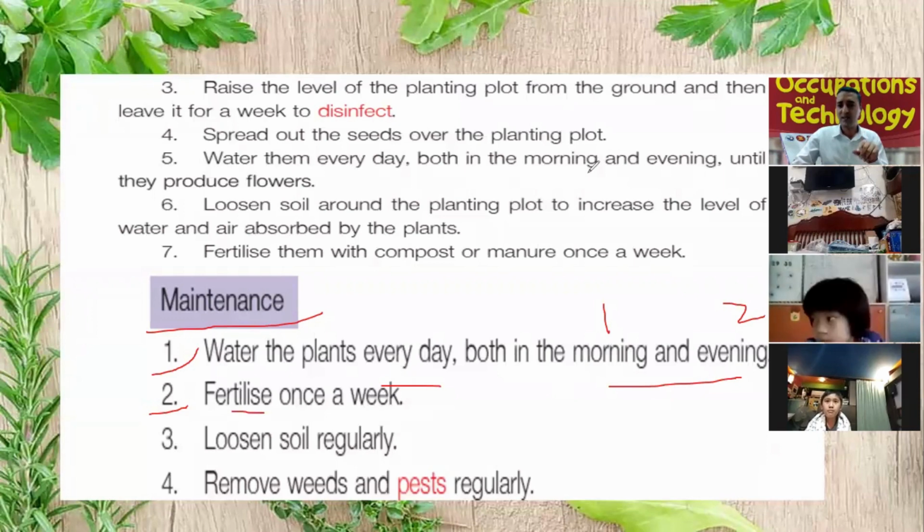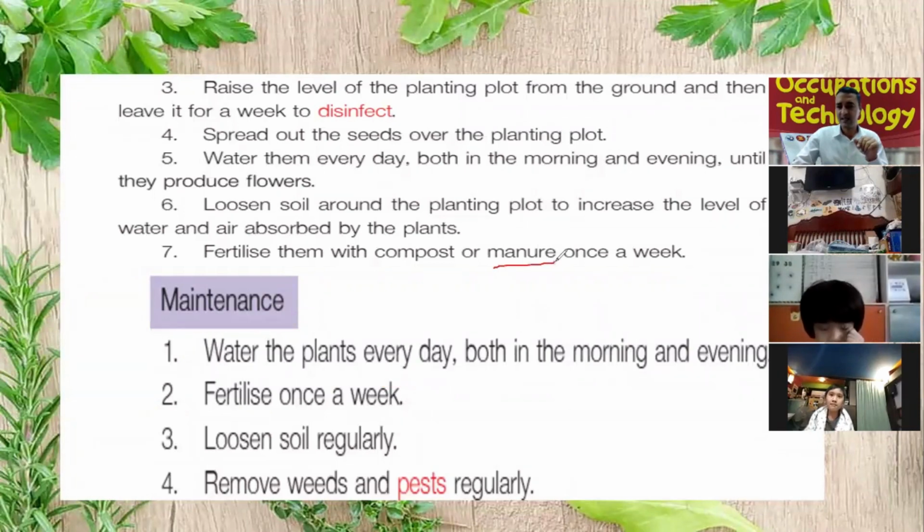Once in a week, you have to give fertilizer, natural fertilizer, manure or compost, right? Third, loosen soil regularly. All the time we have to make sure that the soil is loose, not hard. Why?